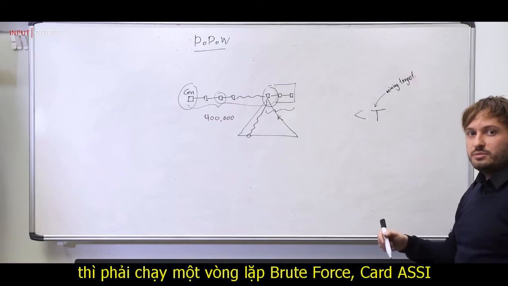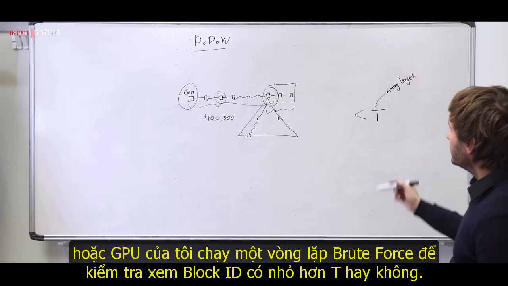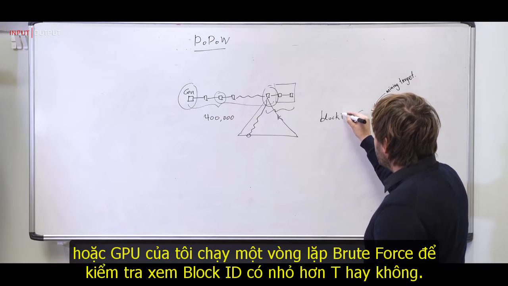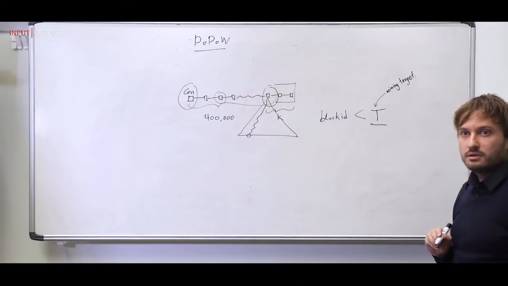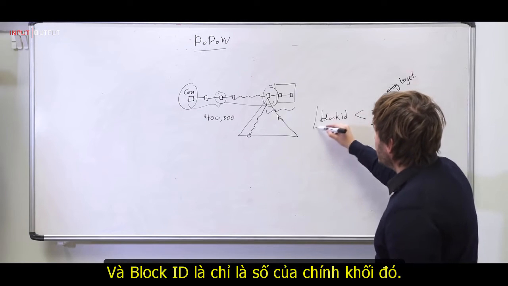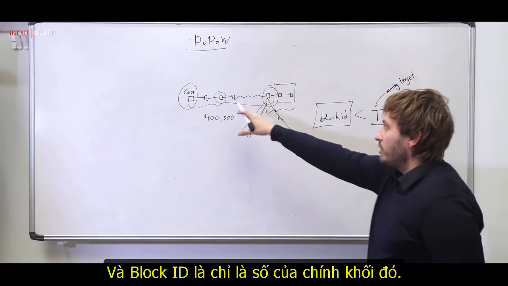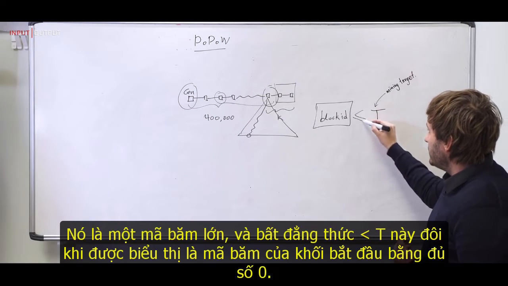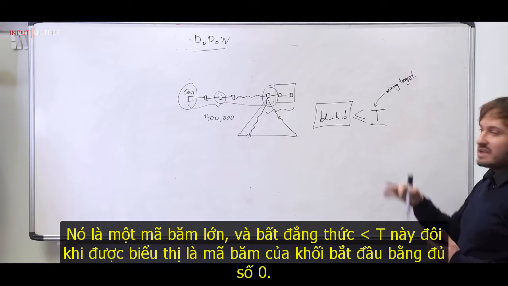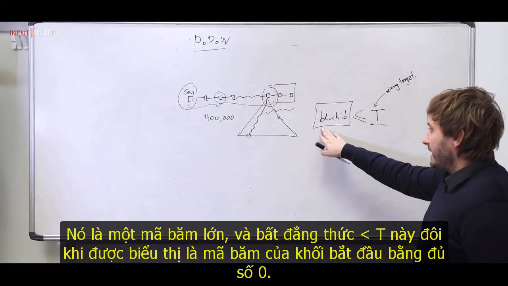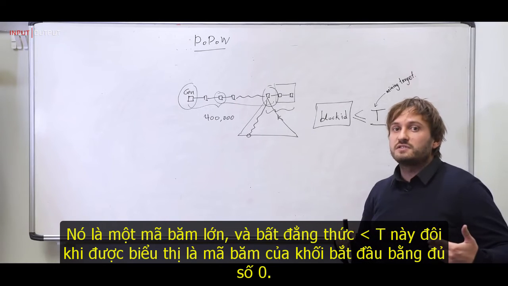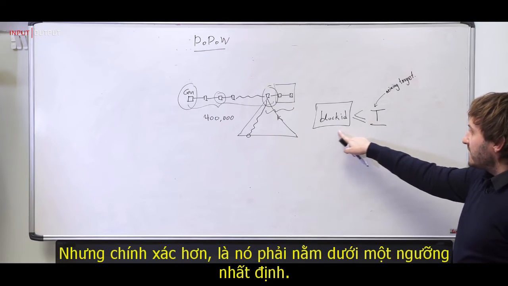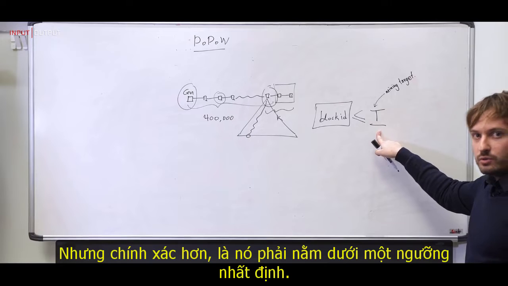My ASIC or my GPU does a brute force loop that checks if the block ID is below a certain threshold T. And the block ID is just the hash of the block itself. It's a big hash, and this inequality of being less than T, sometimes we express it as the fact that the hash of the block begins with enough zeros. But more precisely, what we're saying is that it's below a certain threshold.